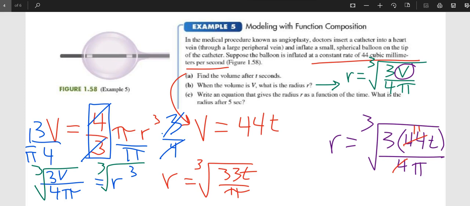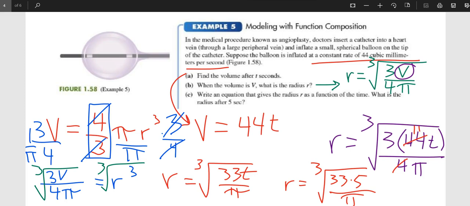Then it says, what is the radius after 5 seconds? Okay, so radius is the cube root of 33 times 5 all over pi. And this is the part we probably need to do together because some of you are staring at your graphing calculator not knowing how to find a cube root. So, share my machine.